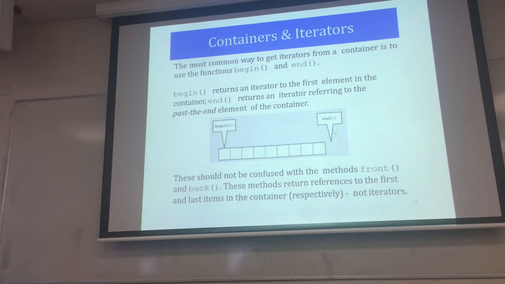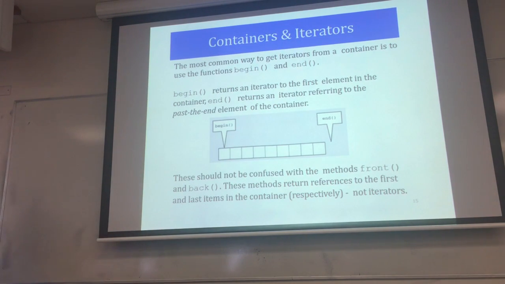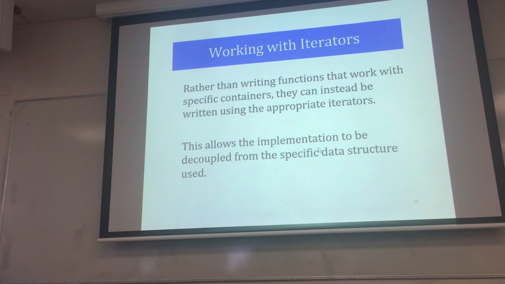End is never dereferenced because it points one after the last significant element. For some containers we have methods to access references of objects, front and back. So you should know this in order to work with them.